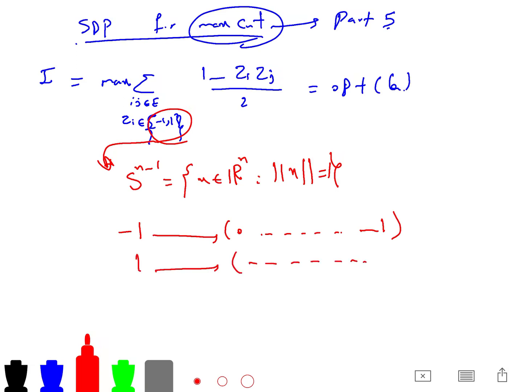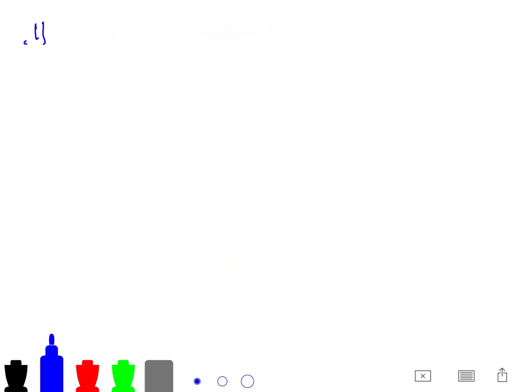And for x, it goes to 0, 0, 0, 0, x. So this is how you embed it into S^(n-1). So this problem 1 can be written as problem 2.